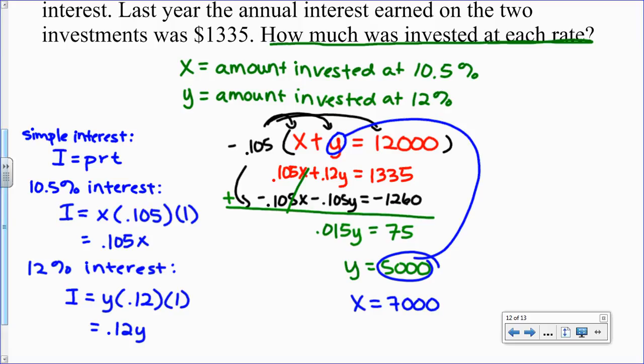Make sure your answers make sense. If you get a negative, you did something wrong. If you get a number that's bigger than 12,000, you did something wrong. The total is 12,000, so one of the variables couldn't be 12,000.